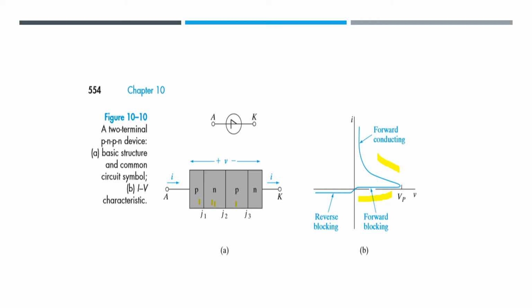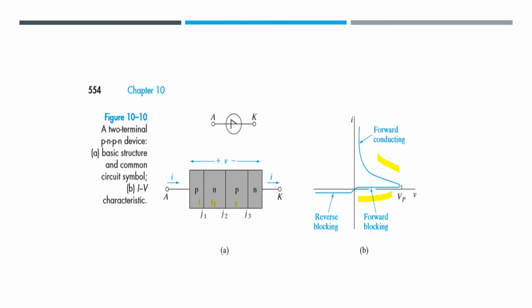The mechanism by which J2 switches from reverse bias to forward bias is the subject of much of the discussion to follow. So we will discuss in detail how this reverse biased J2 junction becomes forward biased.